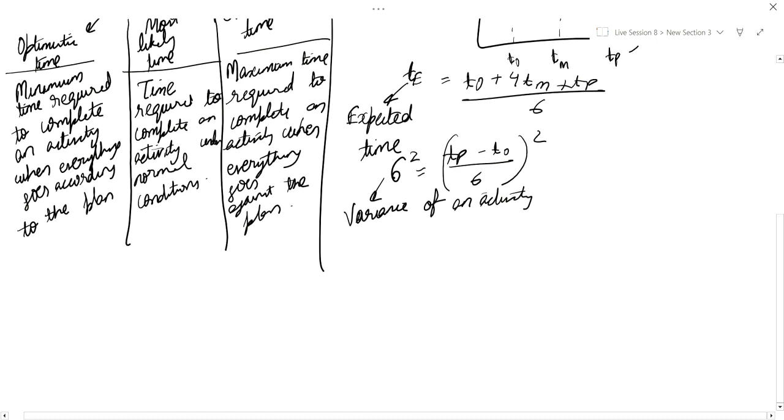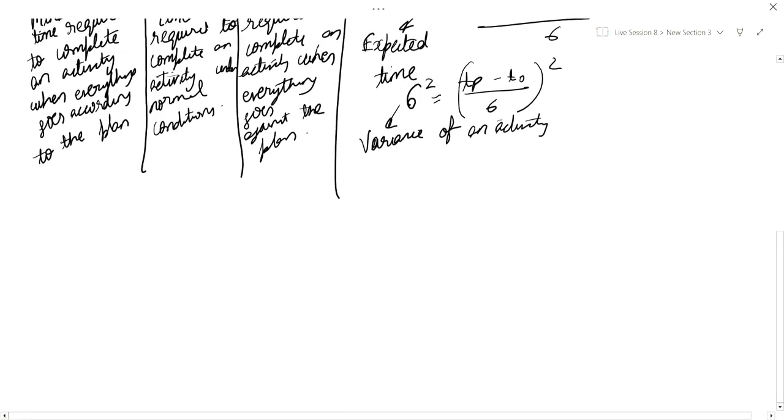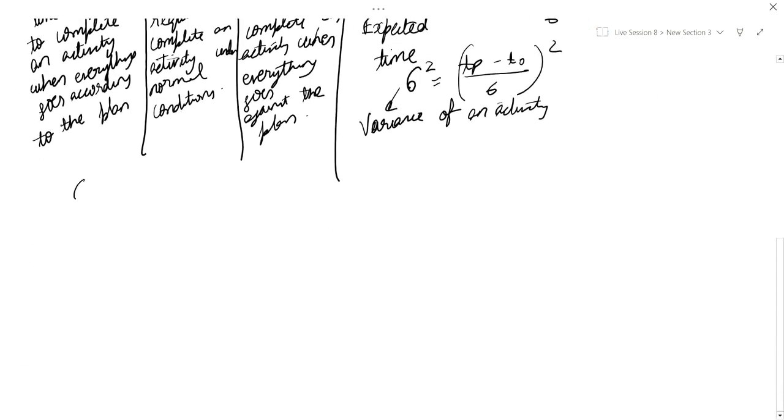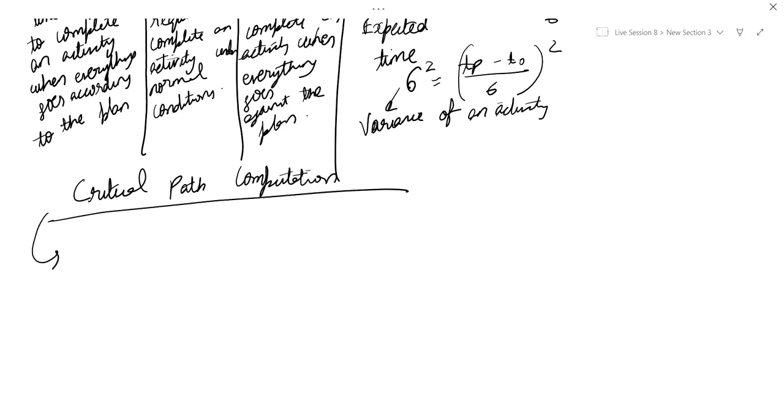Now we will discuss briefly the CPM method, critical path computation. Here we find out the total duration needed to complete the project.